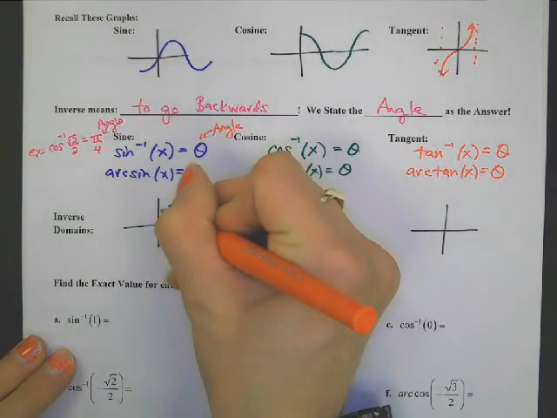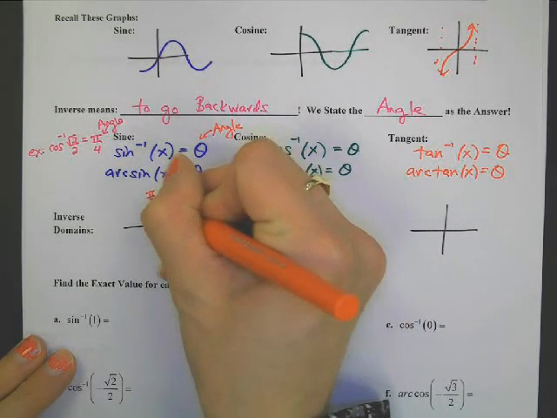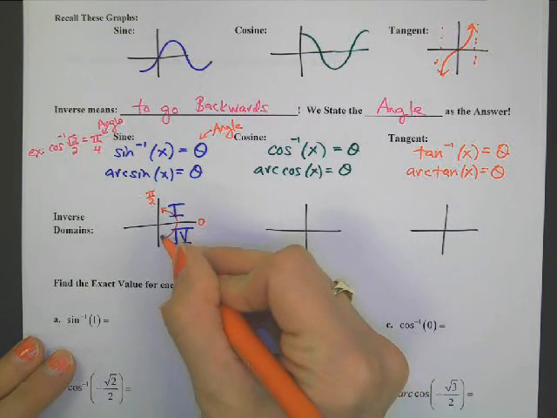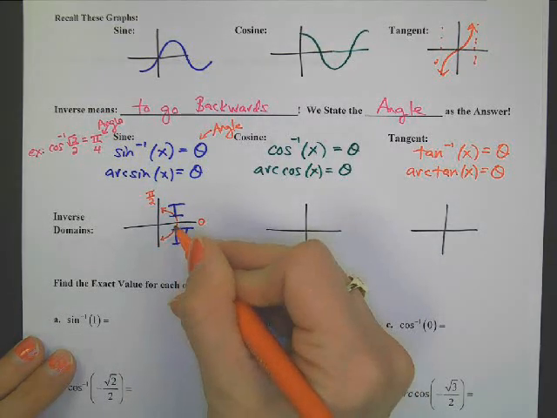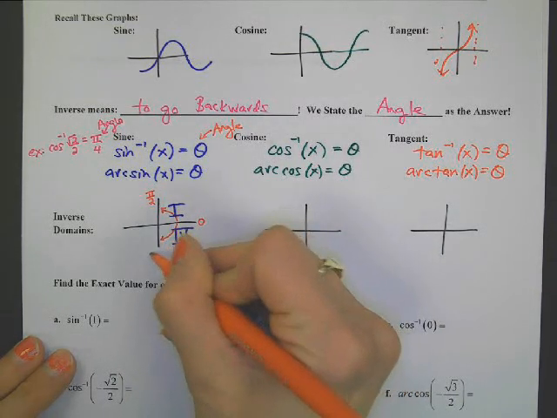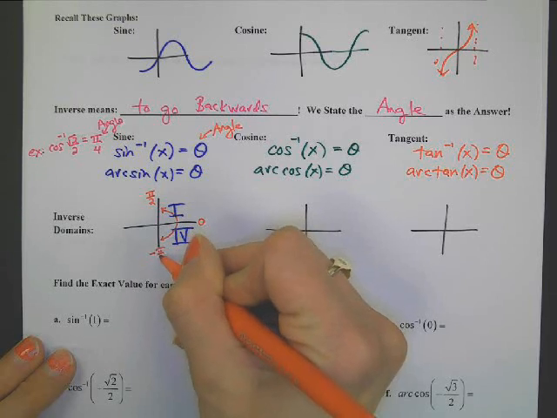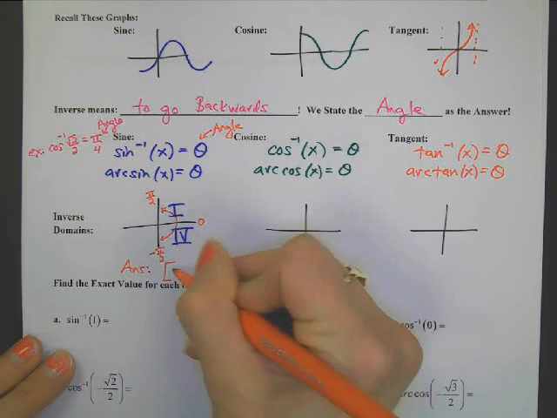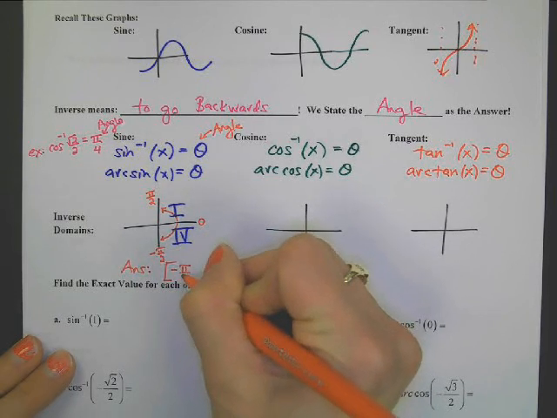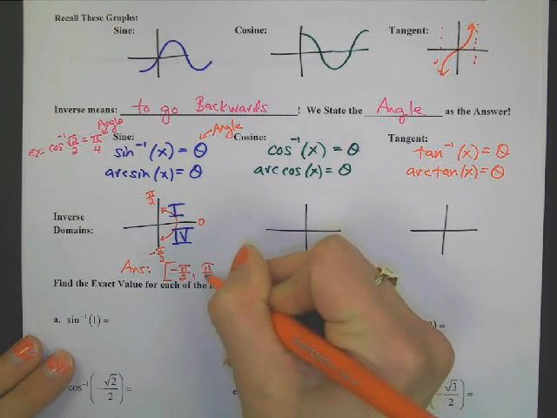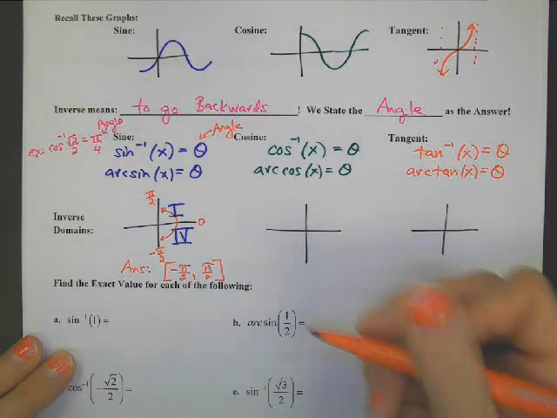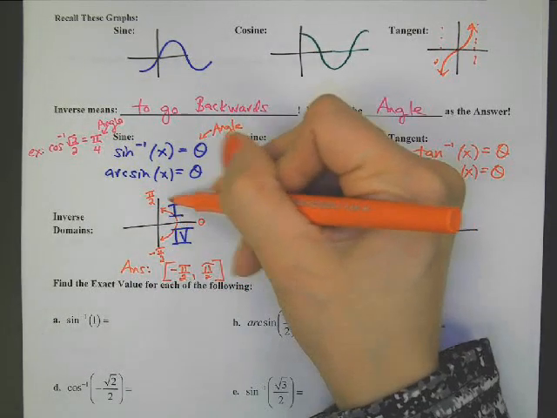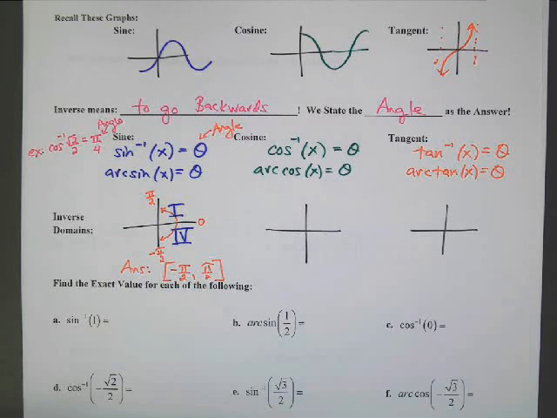You're allowed to look all the way up to pi over 2, and you're allowed to look down. Down, how do you say a down answer? Negative pi over 2. So the answer has to be written within this domain from negative pi over 2 up to positive pi over 2. In other words, you're allowed to look in quadrant 1 for the positives and 4 for the negatives.